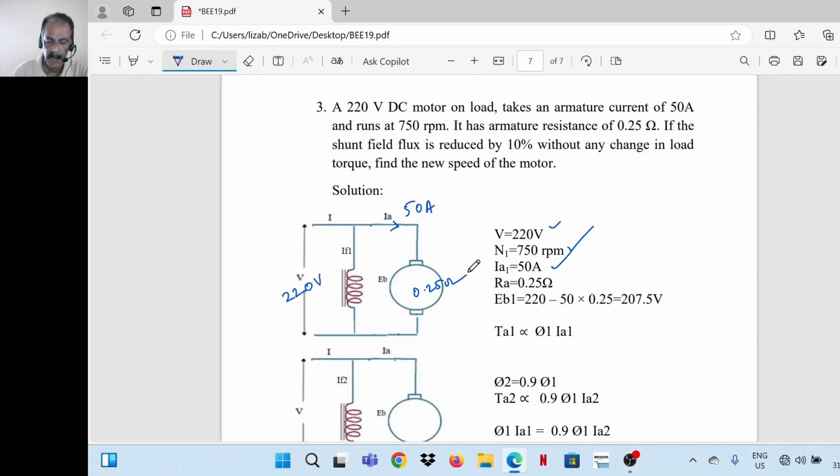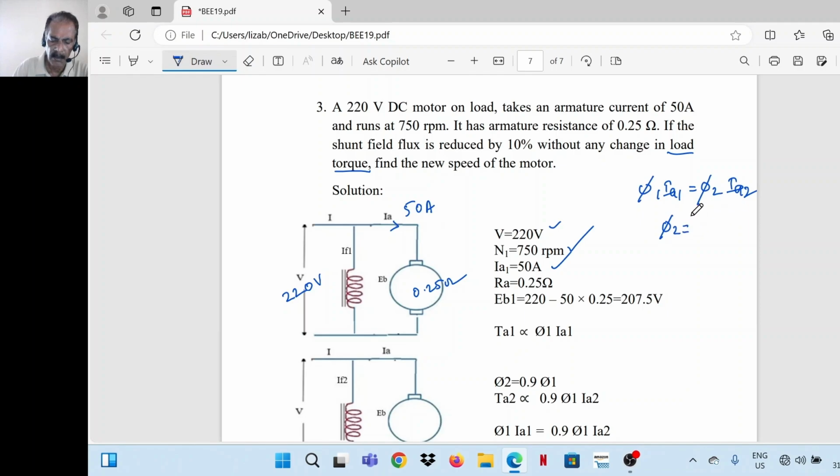So, torque remains constant without any change in load torque. That means phi1 Ia1 is equal to phi2 Ia2. So torque in first case is proportional to phi1 Ia1. Torque in second case is proportional to phi2 Ia2. So we can write down this relation phi1 Ia1 is equal to phi2 Ia2. But the shunt field flux is reduced by 10%.